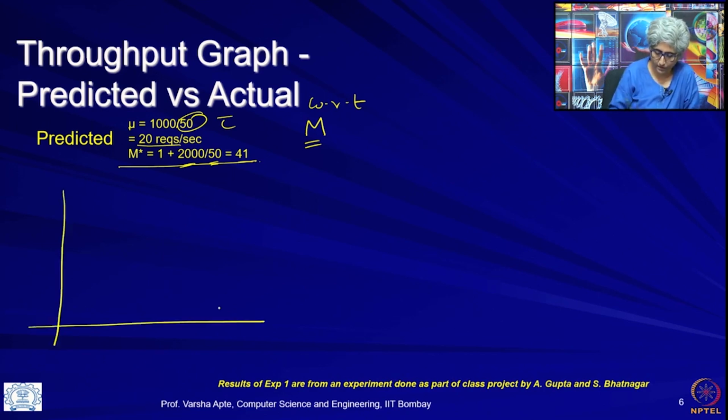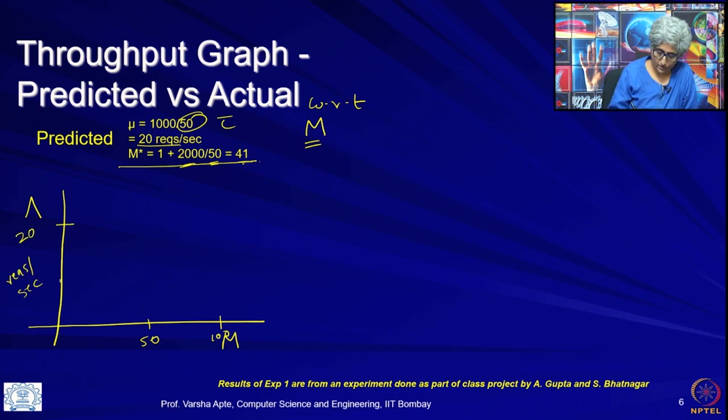Here this is throughput, this is M. Since I know that the saturation is going to happen around 41, I should not draw the graph that much beyond 41. So, let us say we draw till around 100. This is 50, and this is requests per second. We know the maximum here is going to be 20.